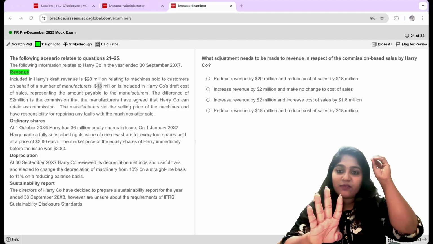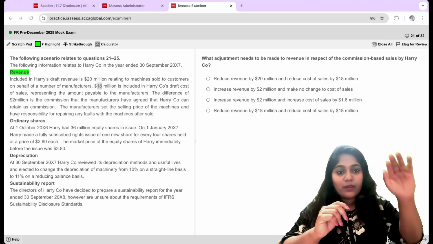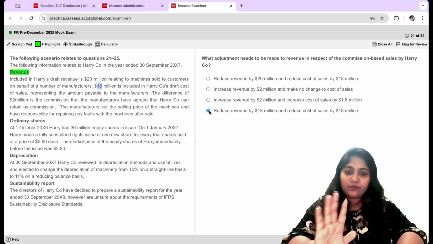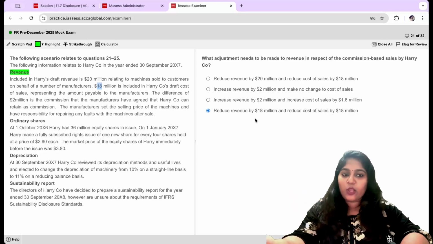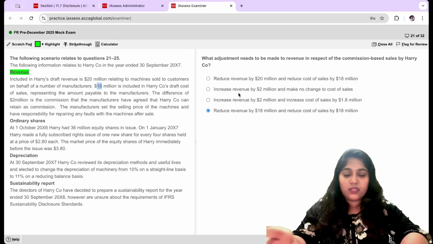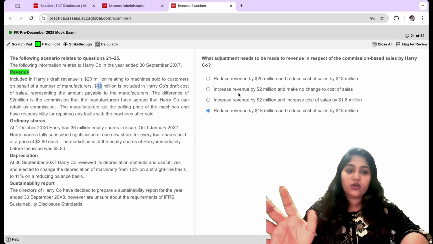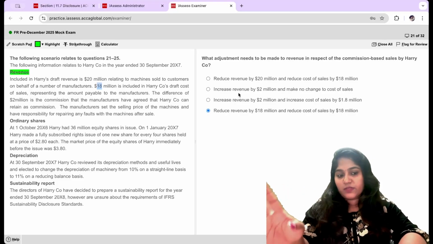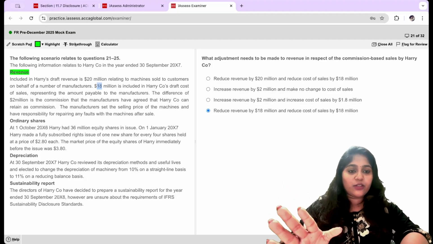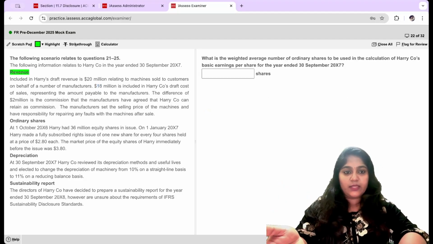In cost of sales, I have recognized only 18 million, so that 18 million I have to eliminate. So the answer has to be straightaway option D. Increasing revenue by 2 million is not required. And you can't say I will not make any changes to cost of sales. Increase cost of sales? No, you have to eliminate cost of sales. The answer is pretty simple: reduce revenue by 18 million and reduce cost of sales by 18 million. Okay.